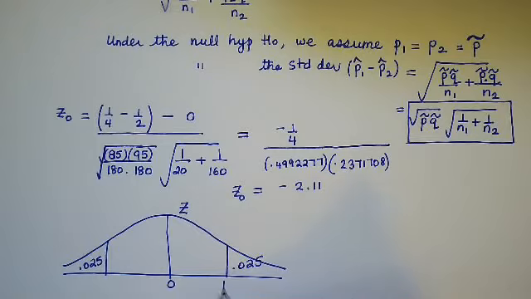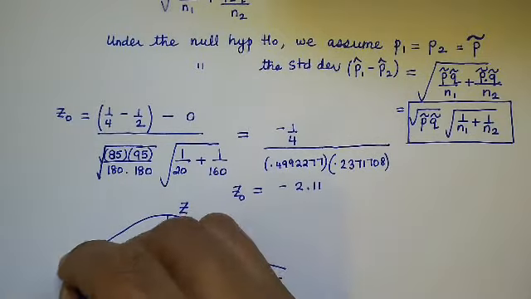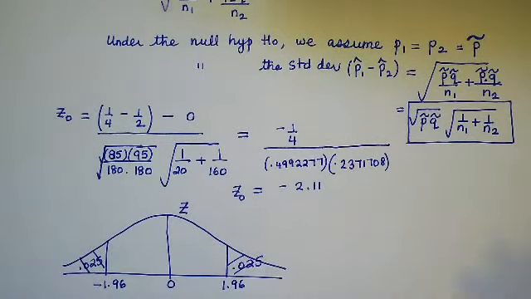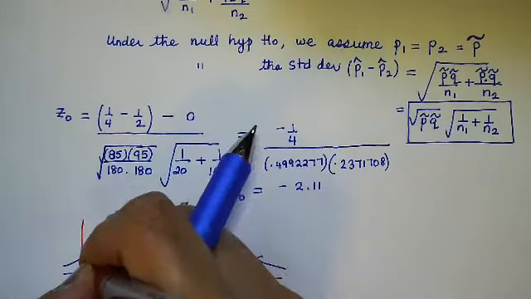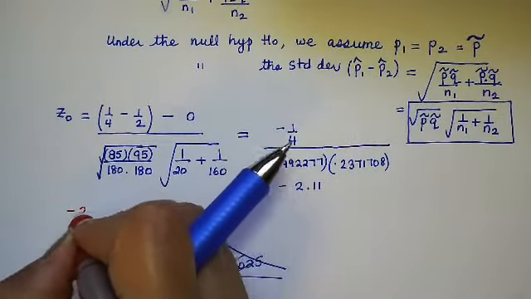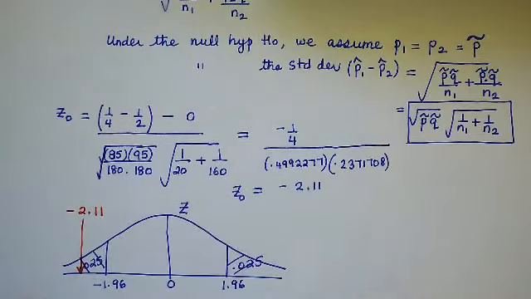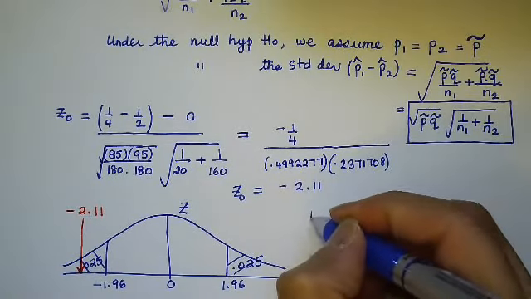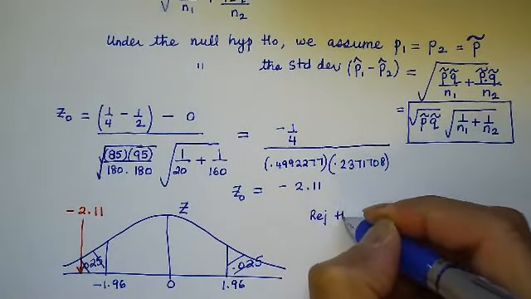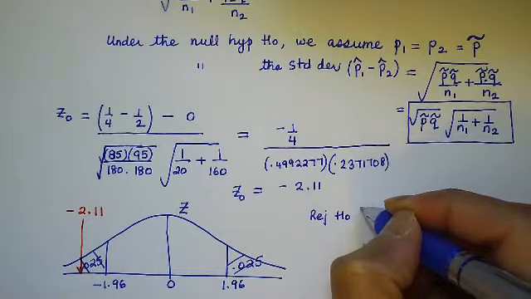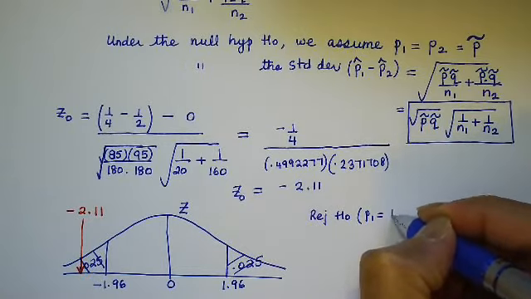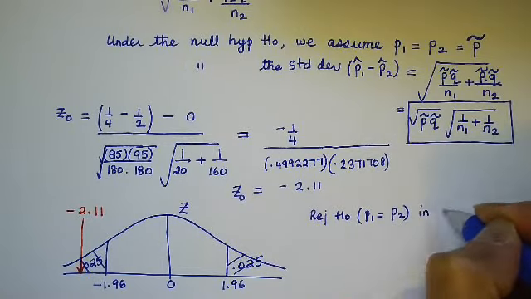I go to the bottom of my T table and I pick up from the Z row the critical values, which are 1.96 and minus 1.96. I looked under the column 0.025. So these are my 2 rejection regions. And I drop this test statistic in this picture and it falls here, minus 2.11.